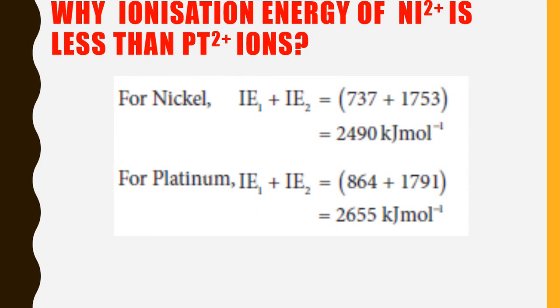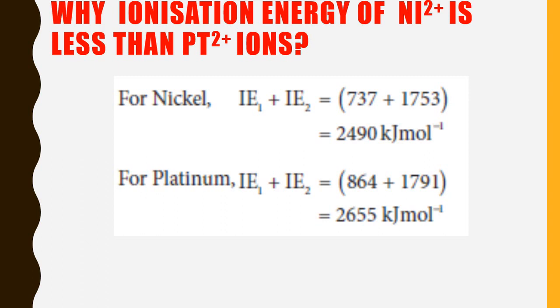IE1 means the first electron is removed, the energy value 737. When we remove another electron in nickel, 1753 kilojoule per mole is required. Totally 2490 kilojoule per mole is required. That is the ionization energy for forming nickel 2 plus.